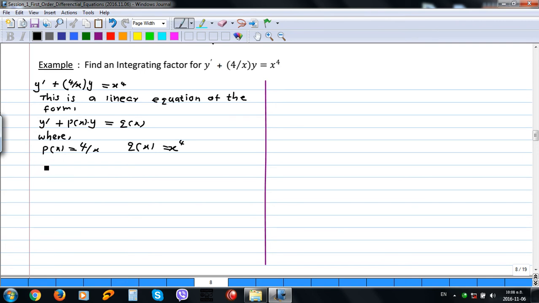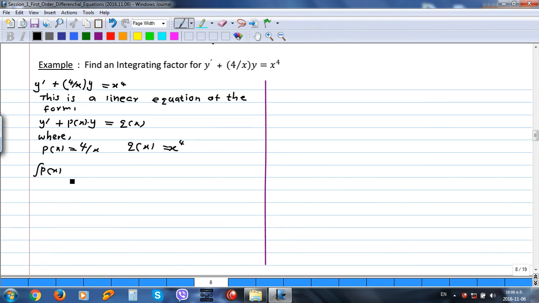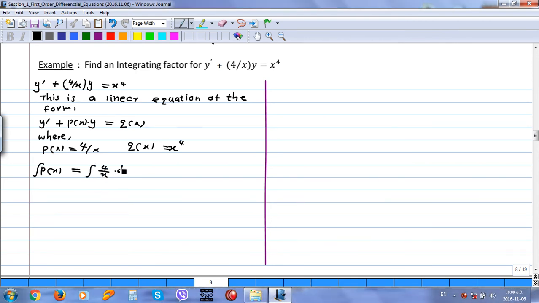So then we can find the integrating factor. Before that, we are going to integrate p of x here, 4 over x times dx. So we can write this as 4 times 1 over x dx. 1 over x dx means this is ln x.